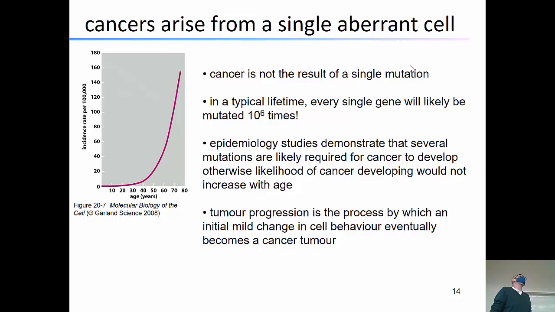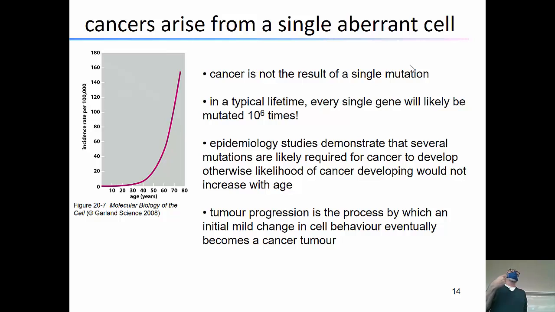Because it's due to an accumulation of mutations, this is why cancers don't tend to develop until later in life. We also see an effect in that once a cell starts to accumulate mutations, it becomes more likely to accumulate more mutations because, for example, many of the DNA repair pathways become damaged.